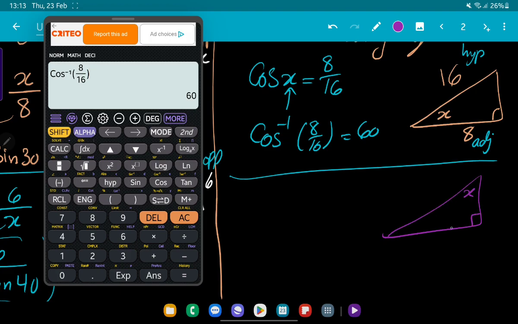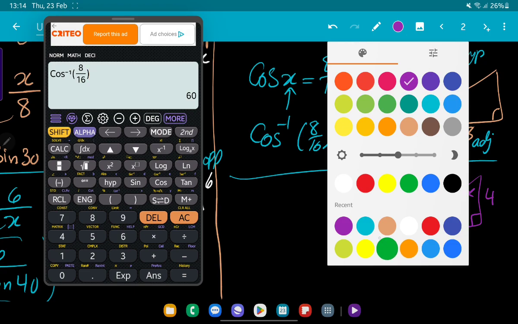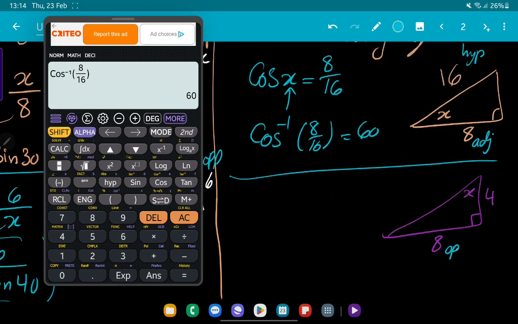Here is x, and this side is 8, which is double this one, for example. So what do you have here? You have the opposite, you have the adjacent to this angle, and we don't need the hypotenuse.